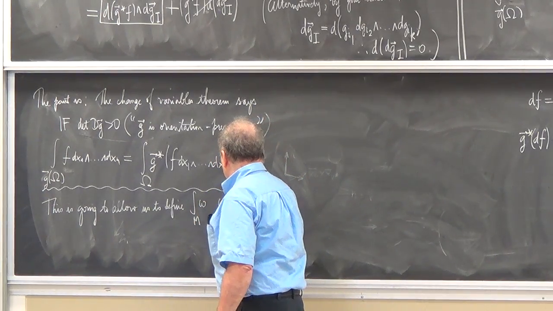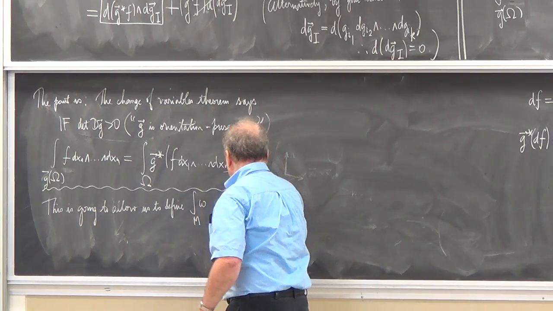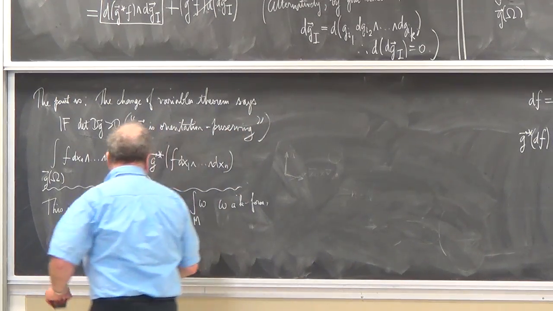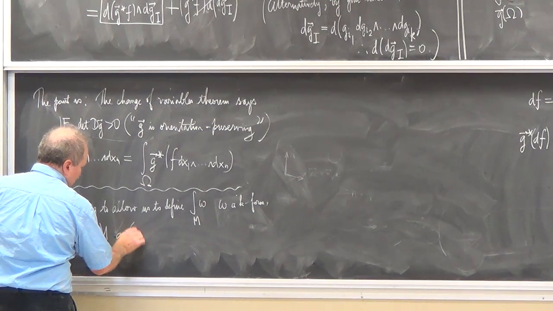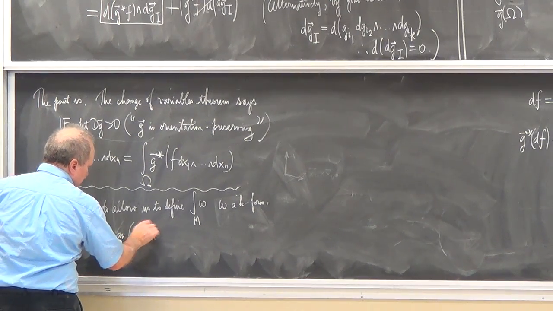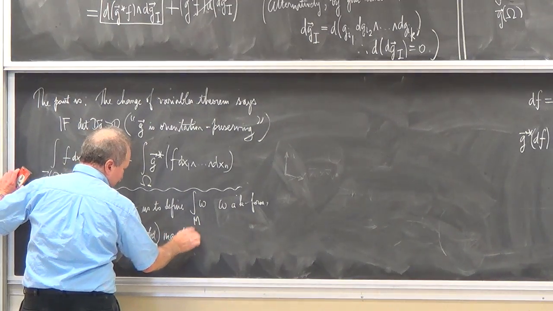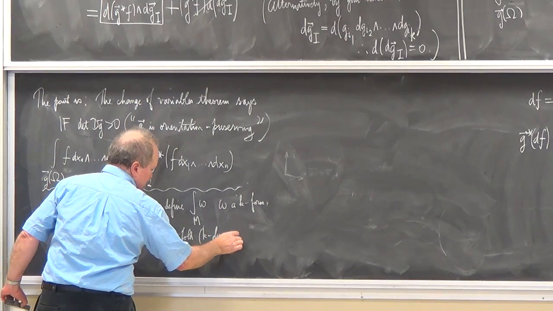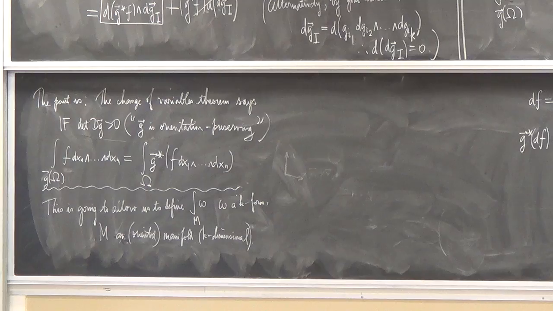So omega a k-form, M, I'm going to have to tell you eventually what it means to have an oriented manifold. It's k-dimensional. So this is what's coming up. But what I'm going to do today is just a baby step.